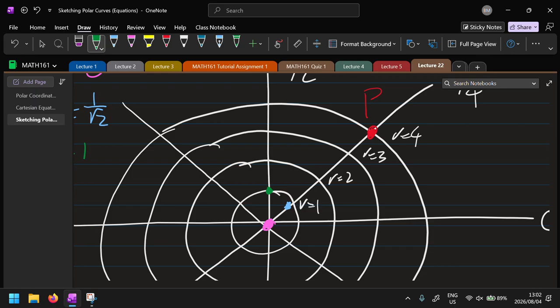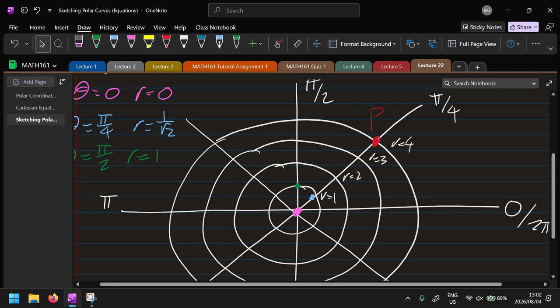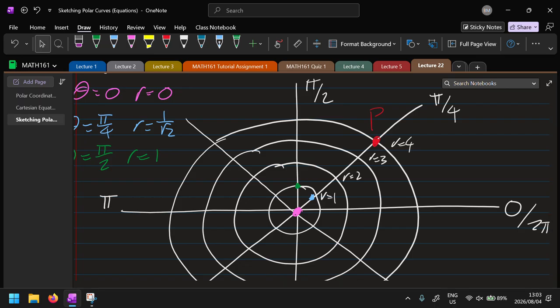Okay. Next angle, what is that going to be after pi over 2? This angle over there on the left side. What angle is that? So pi over 2 plus another pi over 4. Okay, good. So if we have that angle, what will the radius be for that line over there?